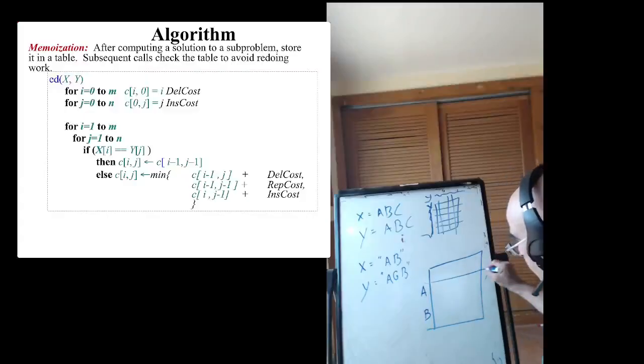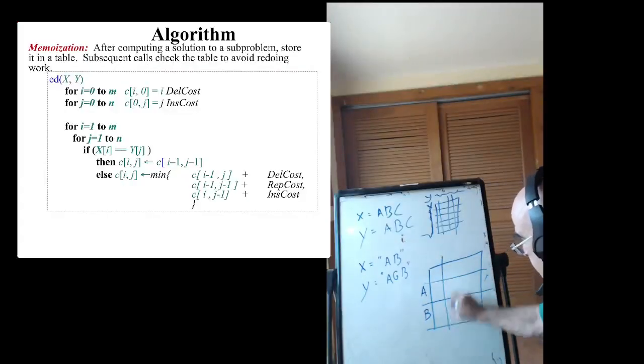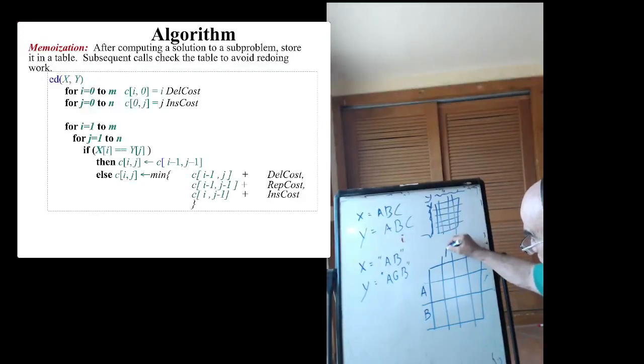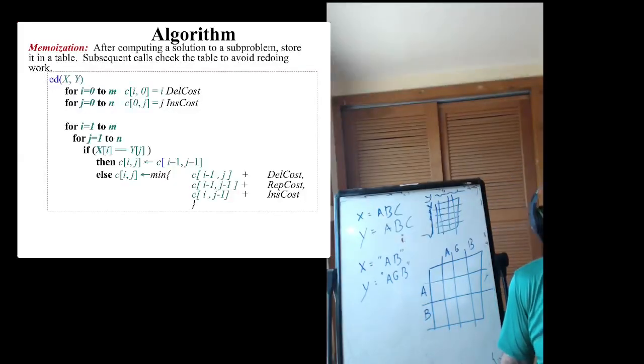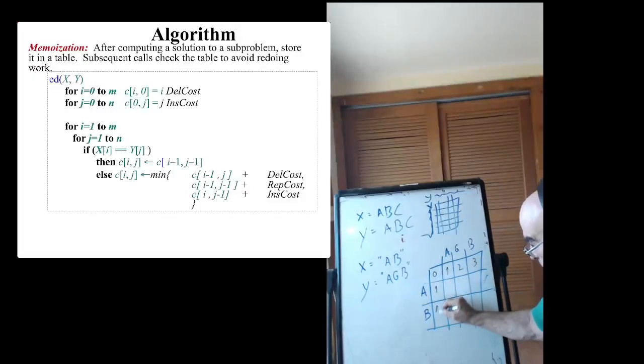So here is x, here is y, AGB, and let's assume that the cost of every operation is 1. Keep it simple at the moment. Then what happens here? C of 0, 0 is 0. Inserting 1 character costs 1, 2, 3. Deleting 1 character is 1 and 2. So this is how I initialized my table.